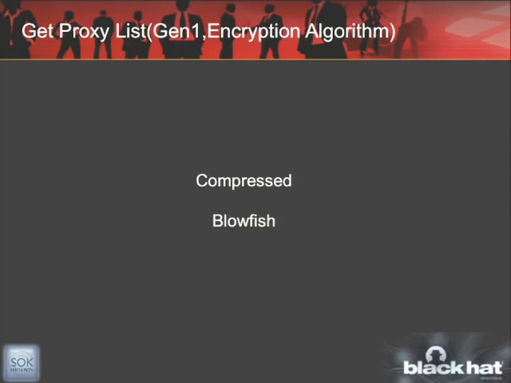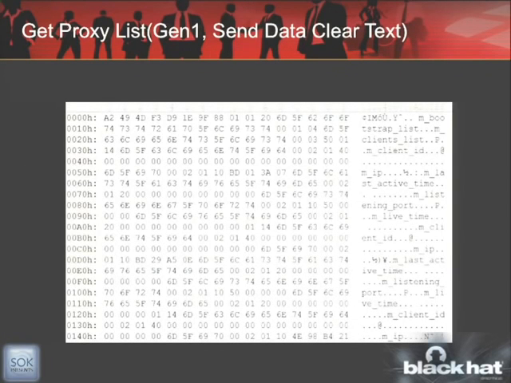So after the decryption, you can see some clear text. The keywords like the bootstrap list, client list, are easy to understand. And you can see that just before the keywords, there are some bytes.